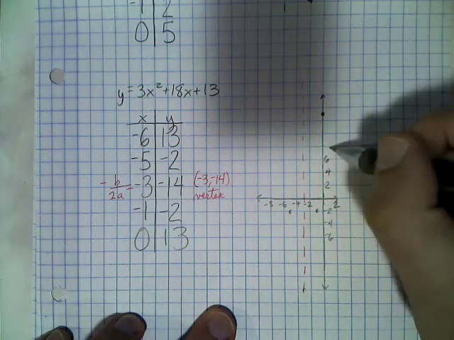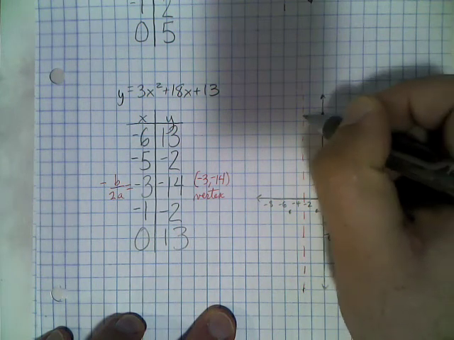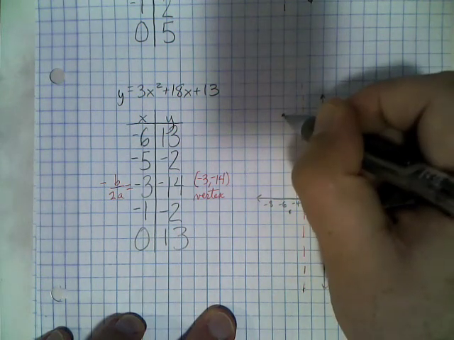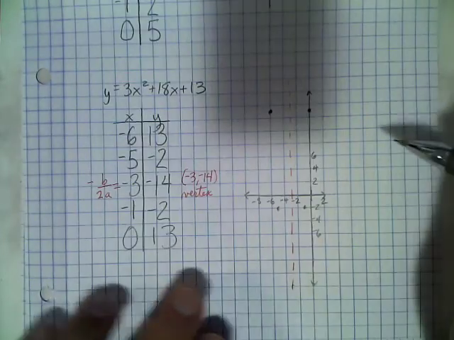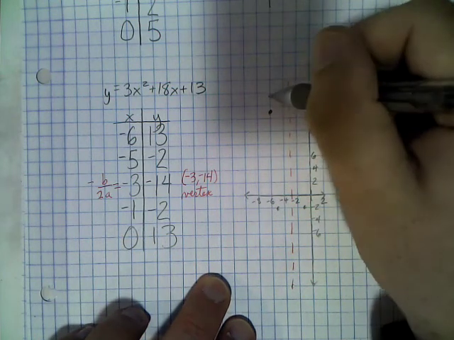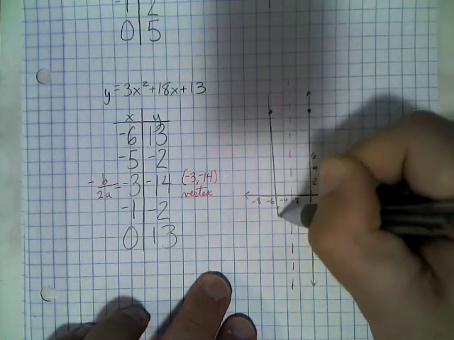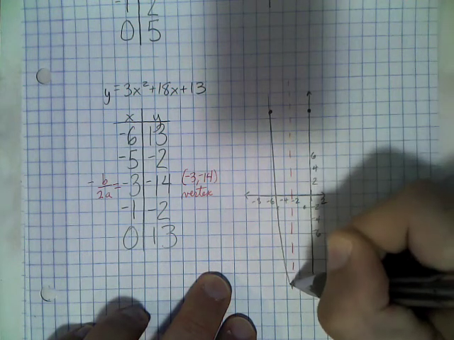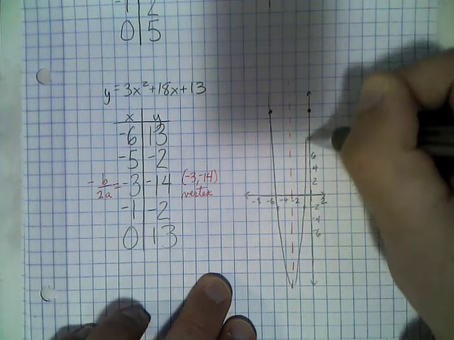Going symmetrically on the other side would put us right there. So you can see here this one produces a much more narrow parabola. So it's still a curve though. At the bottom it'll curve, comes up.